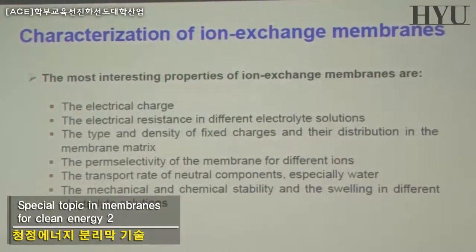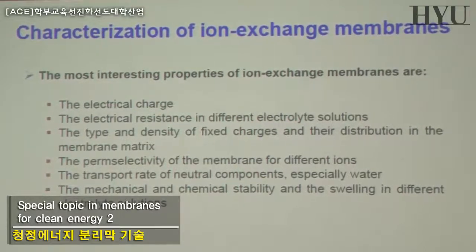Now, the later part of this characterization method is about ion exchange membranes. In the ion exchange membrane area, we have somewhat different characteristics than what we have talked about. Because an ion exchange membrane has some charges, we have to think about how many charges we have on the surface and in the bulk. Okay?